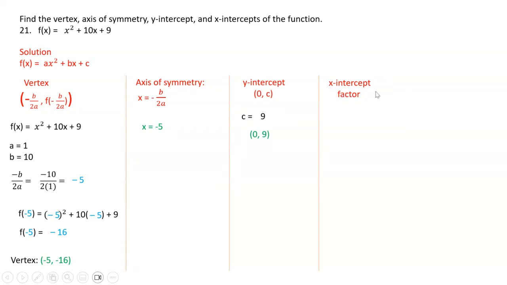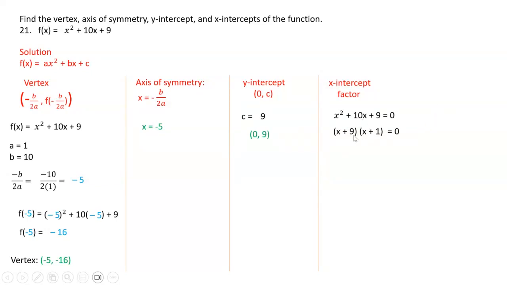Now for the x-intercept, we have to factor. So we're going to let the equation equal 0, which means we let y equal 0 and solve for x. So here, the signs are going to be the same, and it's going to be positive. So we get the factors of 10. We have 1 times 10. The factors of 9, 1 times 9 and 3 times 3. But when you add them, it's got to give me 10.